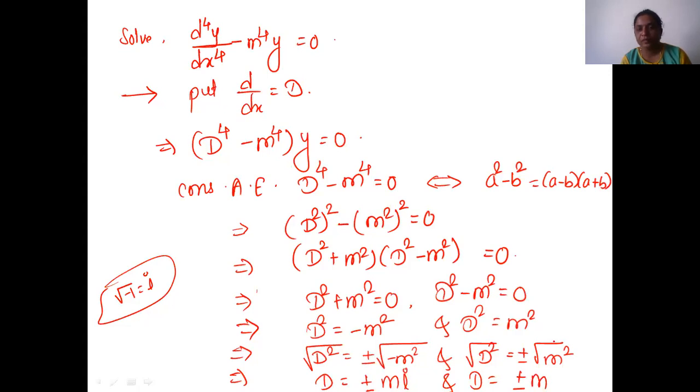Square root m square is m. So we got the roots now. Plus minus m and plus minus mi. Any doubt? Please ask now. So D is plus minus m and plus minus mi.